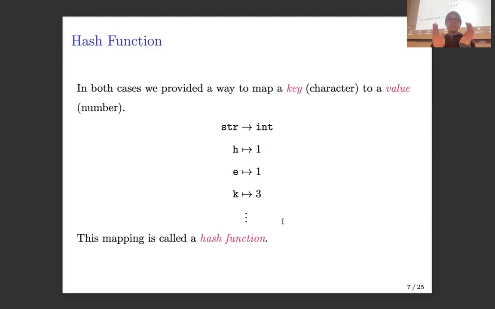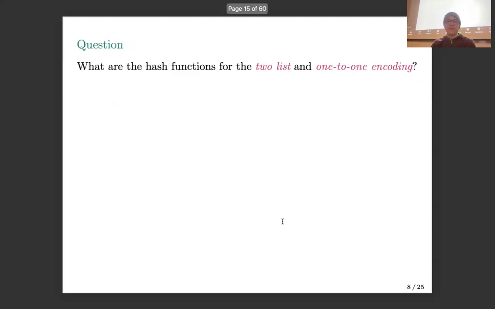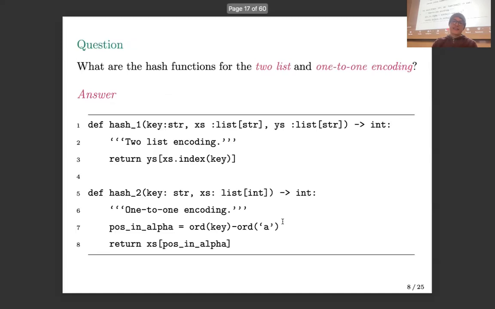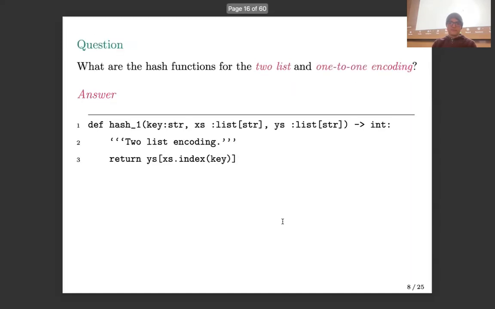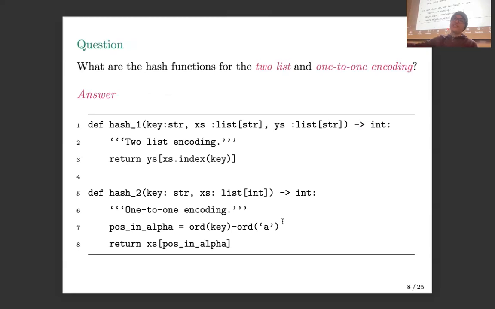So in both cases of this encoding, what we had to do was just come up with some type of mapping to say, your H goes to 1, this E goes to 1, this K goes to 3, right? Both of those representations admitted this type of mapping. In fact, I can give you explicitly the way of doing this conversion.